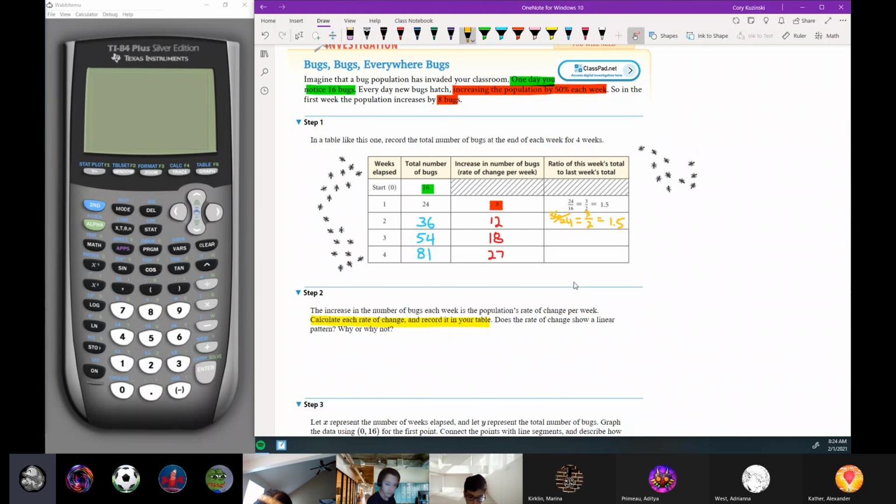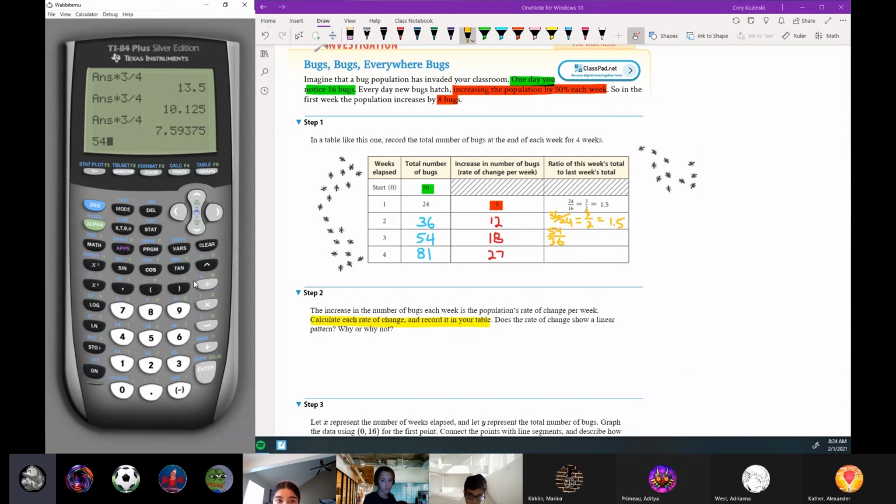Okay. Sorry if that's tiny, but again, it's 36 divided by the 24. And then the next one for week 3, we're going to take the week 3 total, 54, divide it by the week 2 total, 36. I'll show you this on a calculator too.